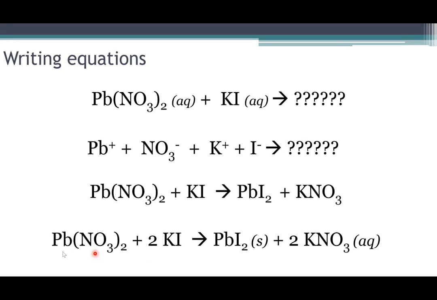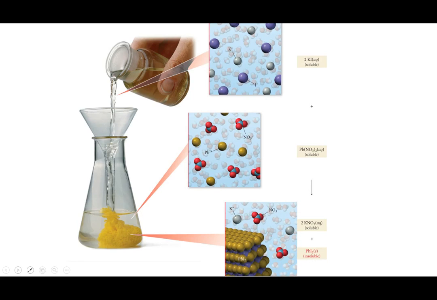So what would this look like? What did we just do? It's kind of hard to wrap your brain around this when we're just looking at letters and numbers, okay? So here's what we have. Here we've got our aqueous potassium iodide. So in this beaker right here, it's an aqueous solution. The potassium iodide is dissolved in water.